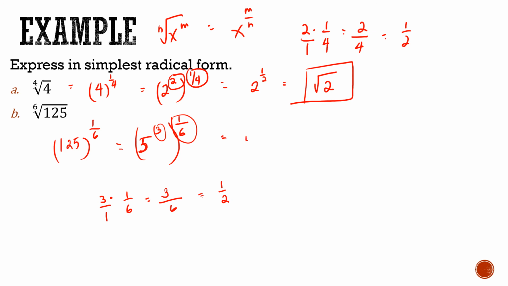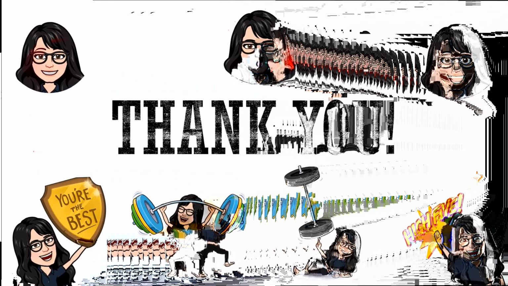So we can write this as 5 raised to 1/2. After simplifying it, write it again into radical. So we have square root of 5. Since the denominator of the exponent is 2, then our index is also 2. And again, since the numerator is 1, we don't need to write the exponent 1 inside the radical sign. Therefore, the answer is square root of 5. Thank you.